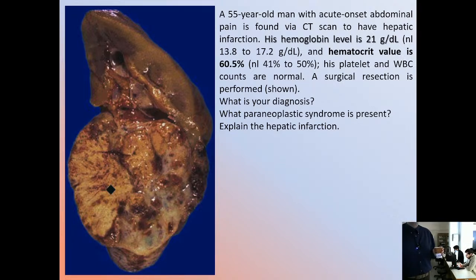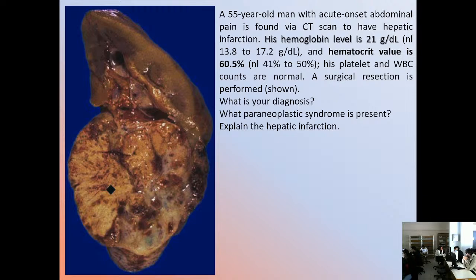And how was this clinically evident? Acute onset abdominal pain. And which veins were occluded to cause the hepatic infarct? What we have discussed in the liver lessons. Which veins? No, after the portal. The hepatic veins leading to the inferior vena cava. These are the ones that cause it.